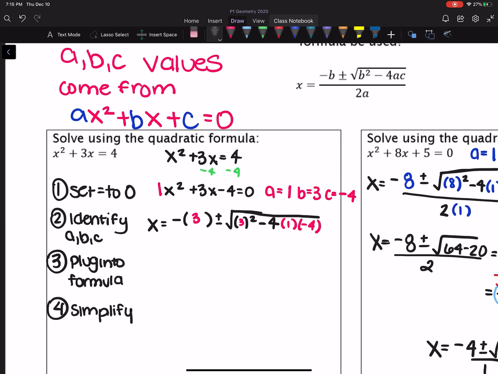So all I've done in my numerator is just replace all of my a's, b's, and c's with their corresponding values. And then in our denominator, we have 2 times a, or 2 times 1 in this example.